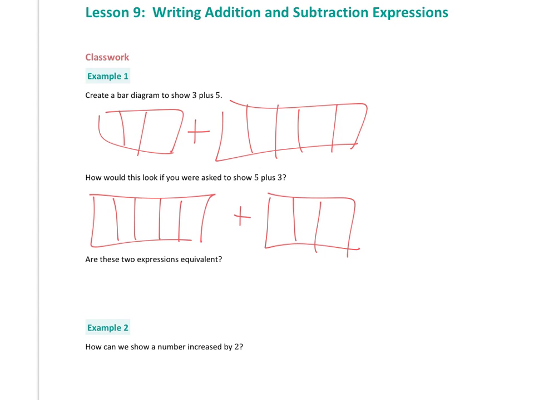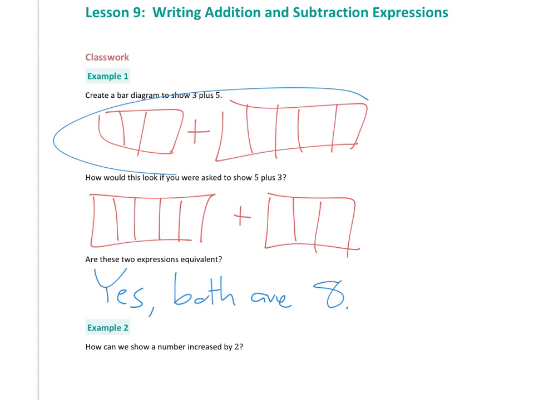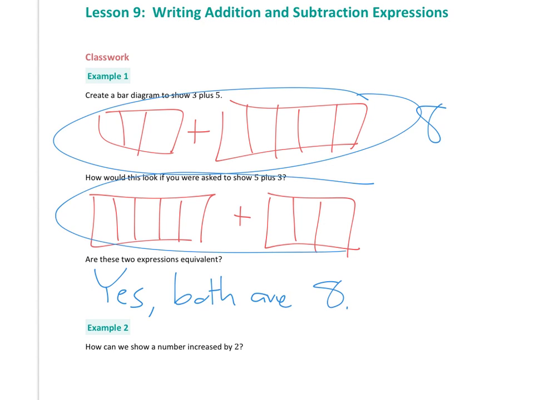So yes, they're equivalent because both are 8. All of these, there are 8 of them. This is because of the commutative property of addition. It doesn't matter what the order is.